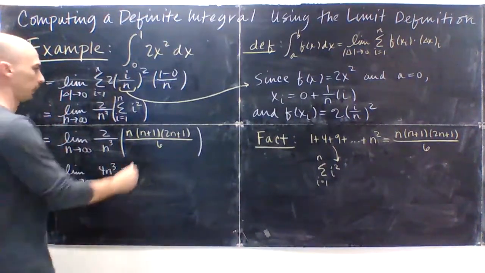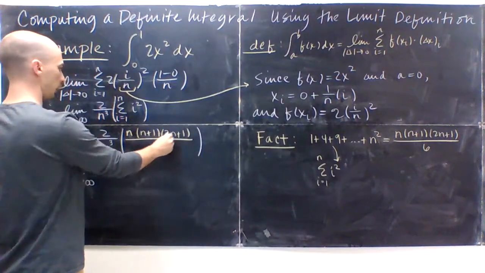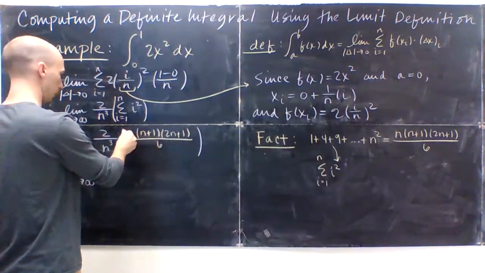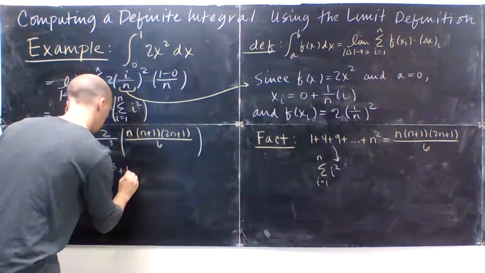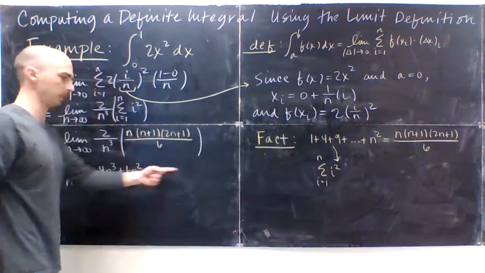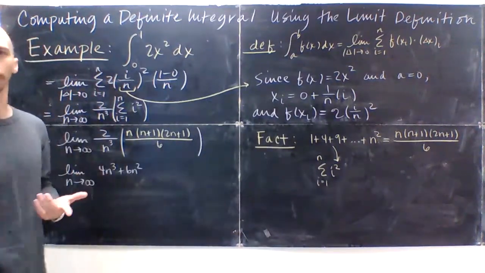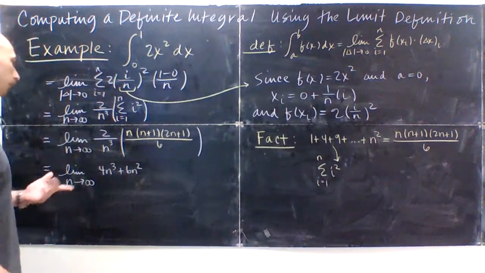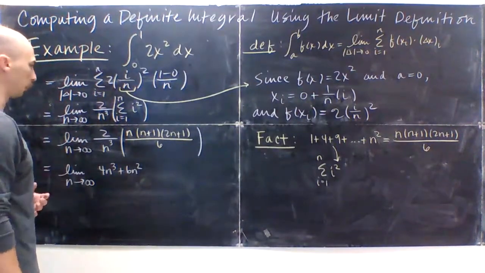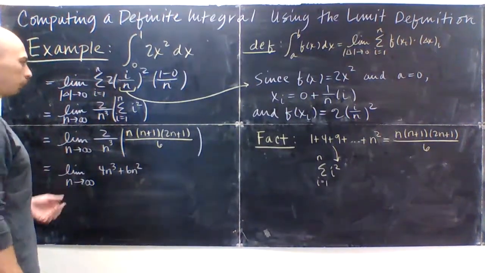I'll have 1, 3n's, 6n's. But all of this stuff isn't going to matter because it's only going to end up being the ratio of the leading coefficients, right, or of the highest power, so I don't really care that much. But I will just do it.